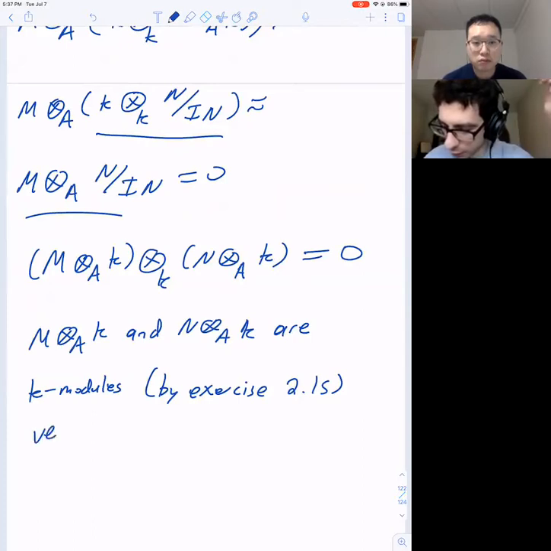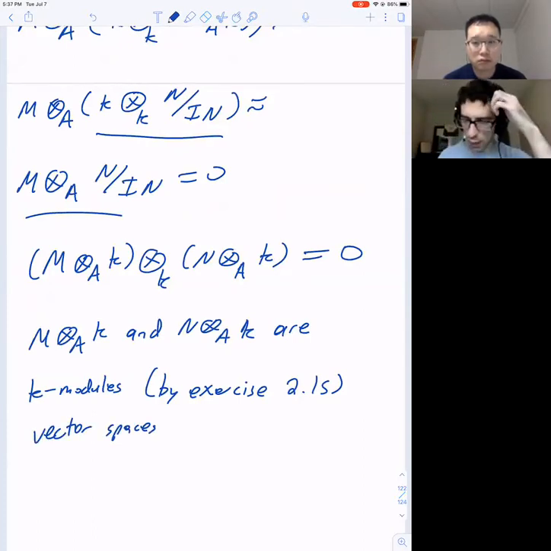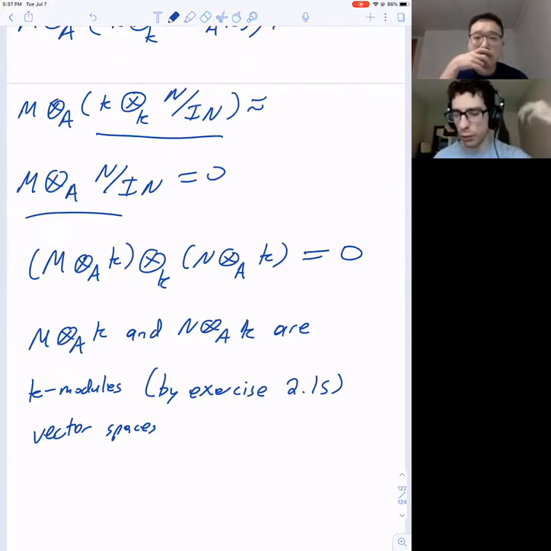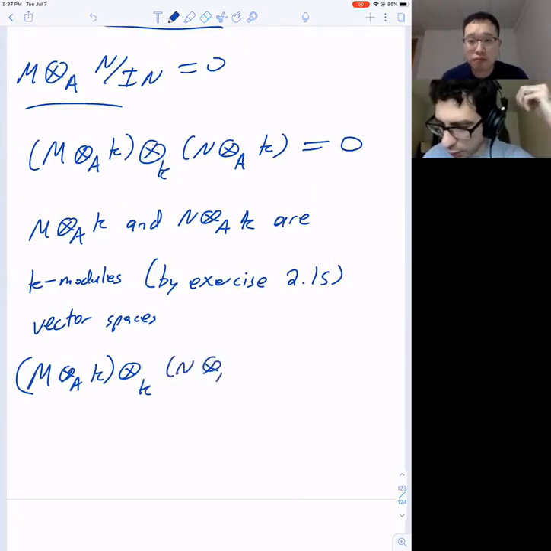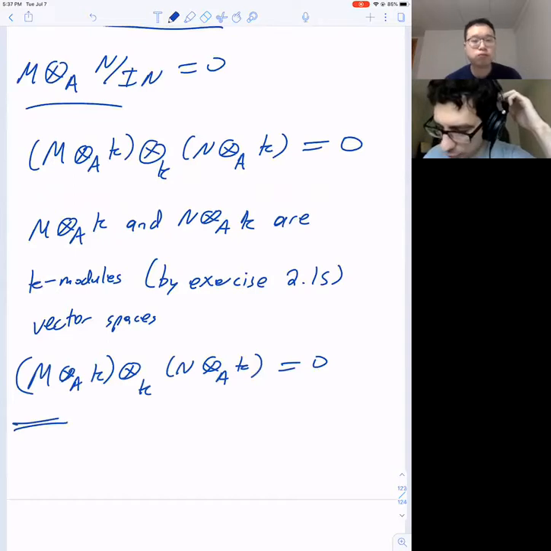It's a vector space. And you're taking the tensor product over a field of 2 vector spaces. So M tensor K and tensor K equaling 0 implies one of these must be 0.